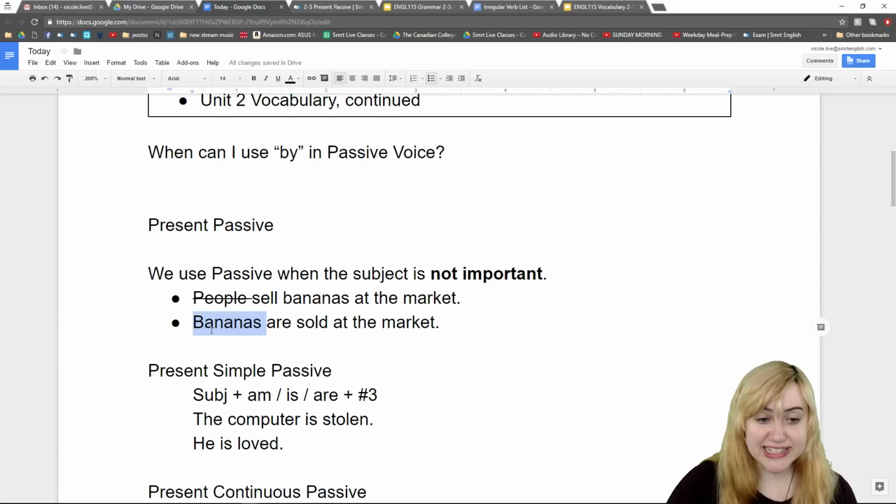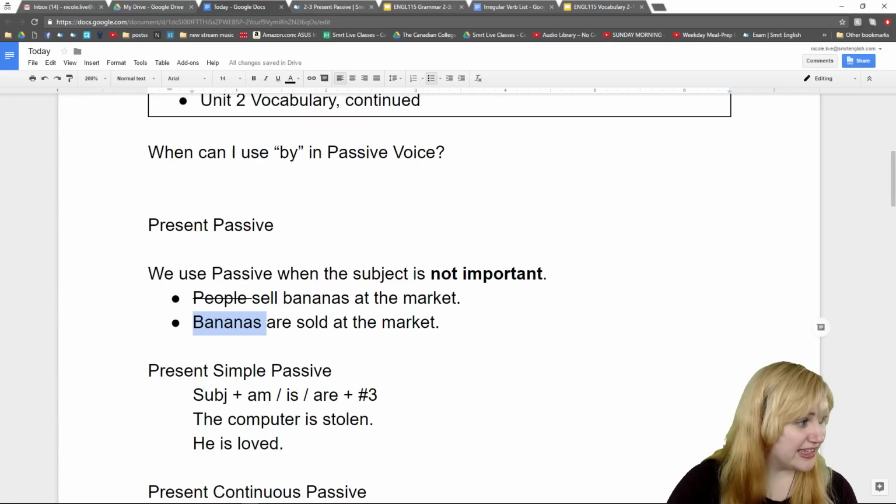And in the second sentence, bananas are the most important thing in the sentence. In English, we like to put the most important thing first in our sentence. All right, so good job.